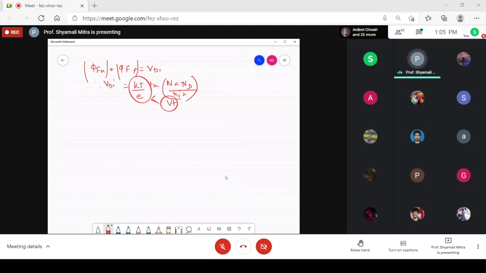So what about others who are present in this class? What is the takeaway from this equation? Let me ask you this question. We can see here that this VBI, the thermal voltage or the built-in potential voltage, depends on several factors, isn't that? Yes, ma'am, Na Nd divided by Ni square. That means it has a logarithmic dependence, because K, T, E, Ni are all constants.